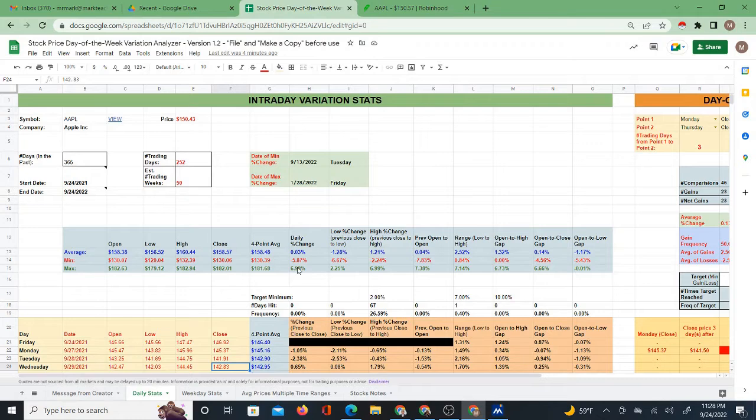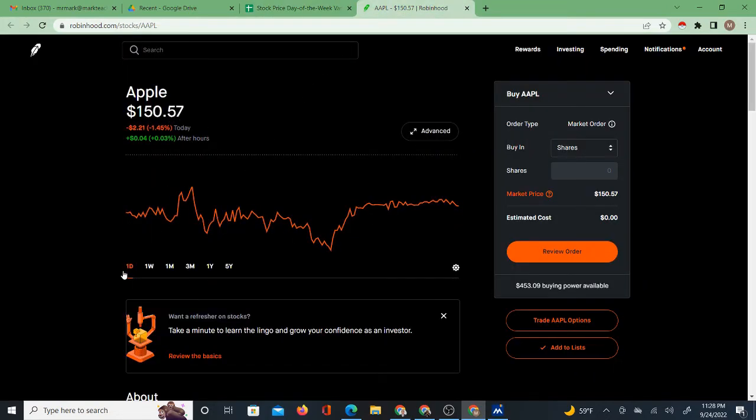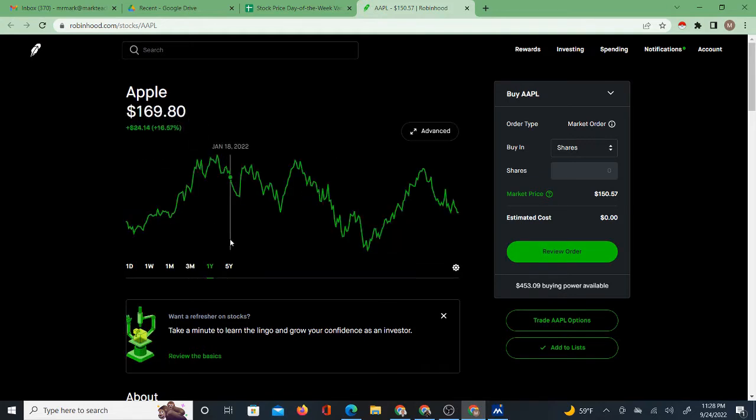Right? So this makes for some interesting things to see, because you're not going to get that just looking at this chart on Robinhood alone, right? Now you can look at the past year. You can click on 1Y, which is the past year, and you can see how it has changed over the course of a year, right?